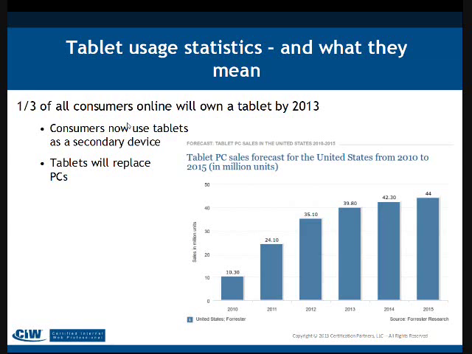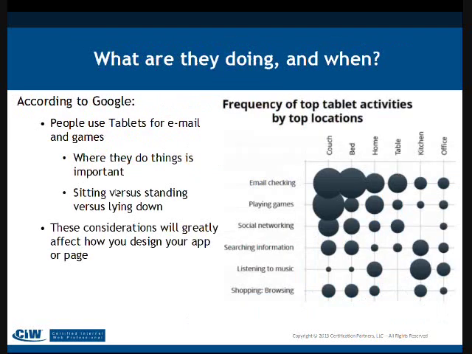I think for anybody who's been following the industry, they've seen how the typical Microsoft or even Apple PC sales are rather tepid, and the sales of tablets are increasing. Right now, consumers use tablets as a secondary device. They have their tablet in addition to their PC. But I think you're going to see a lot of replacing going on.